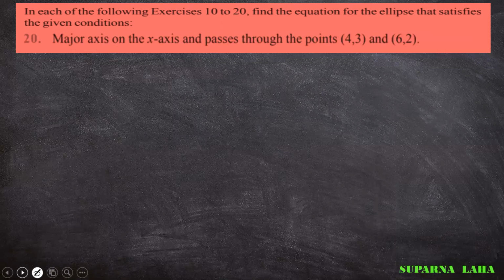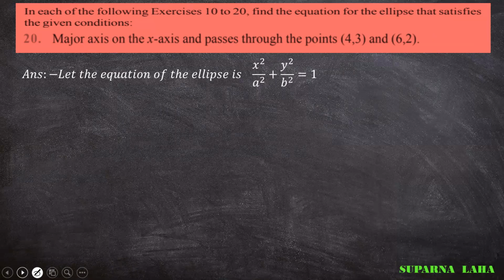Now moving to the next question and the last question of today's class. Major axis on the x-axis and passing through 2 points 4, 3 and 6, 2. If the major axis is the x-axis, we can consider the general equation of the ellipse is x square by a square plus y square by b square is equals to 1, equation number 1. It passes through 2 points 4, 3 and 6, 2, so these 2 points will satisfy the equation.